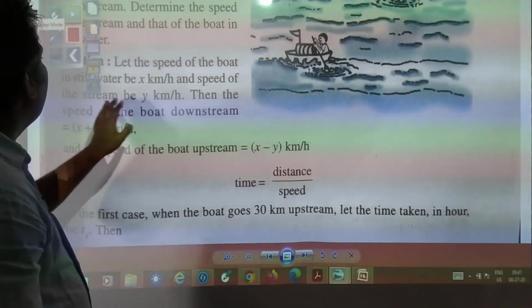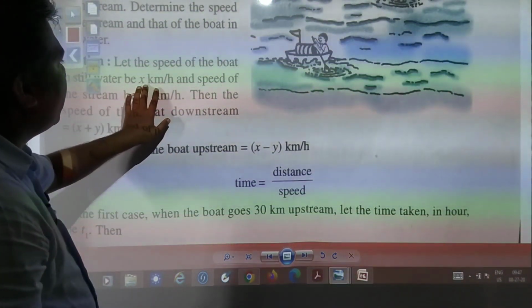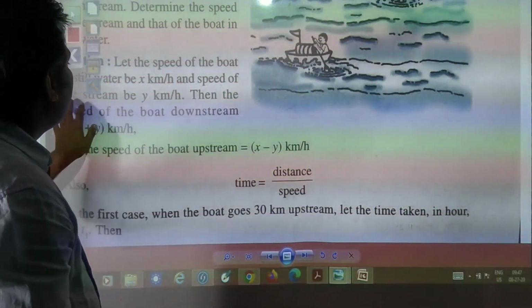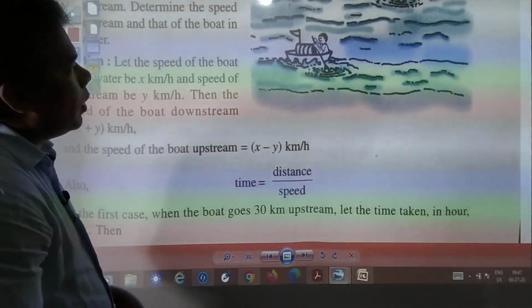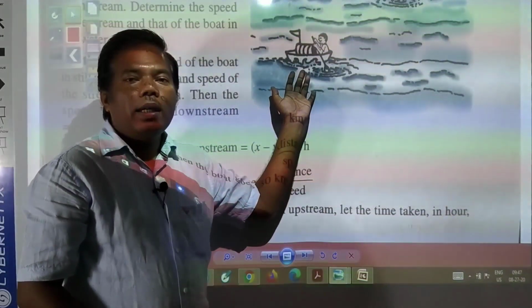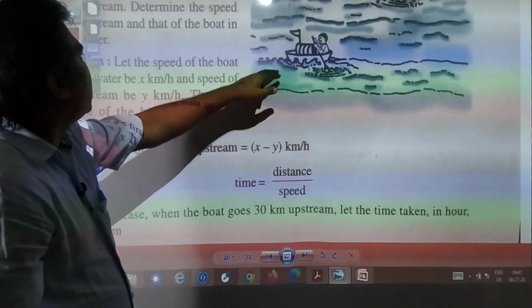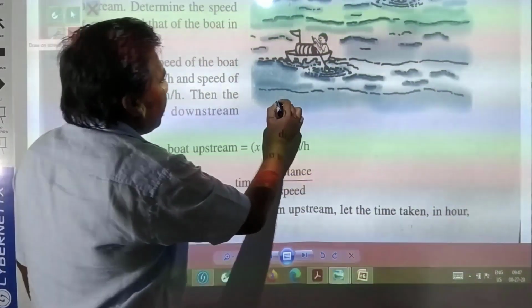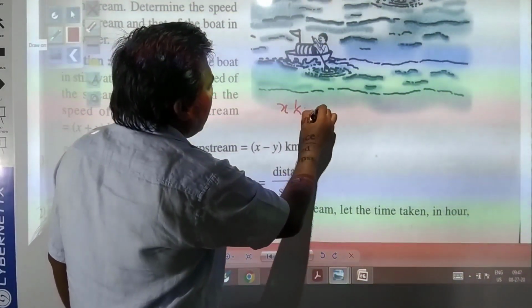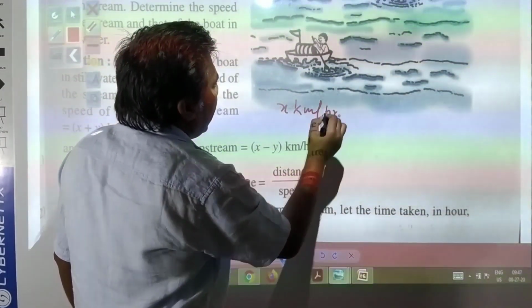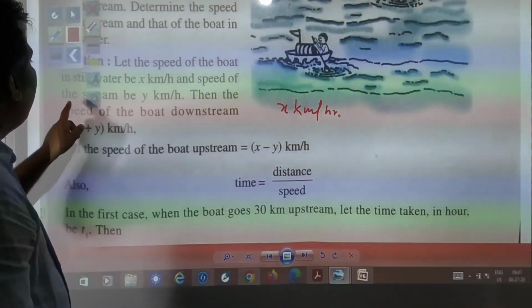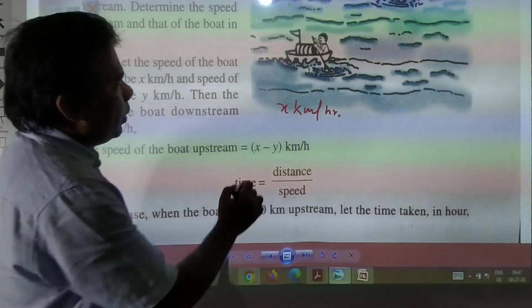Let the speed of the boat in still water be x km/h and the speed of the stream be y km/h. If this boat is running in still water, then its speed is x km/h and the speed of the stream is y km/h.